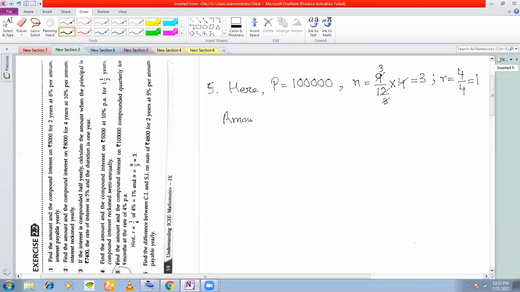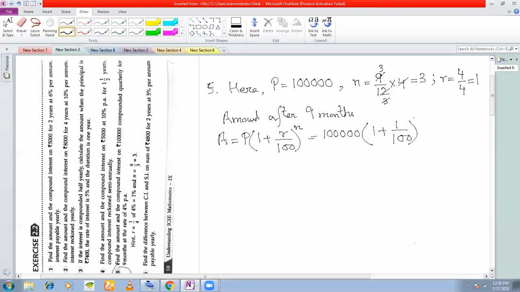Amount after 9 months. A is equal to P times 1 plus R by 100, whole to the power of n. Okay, put the values. 1 plus R, which is 1, divided by 100, whole to the power of n, which is 3.